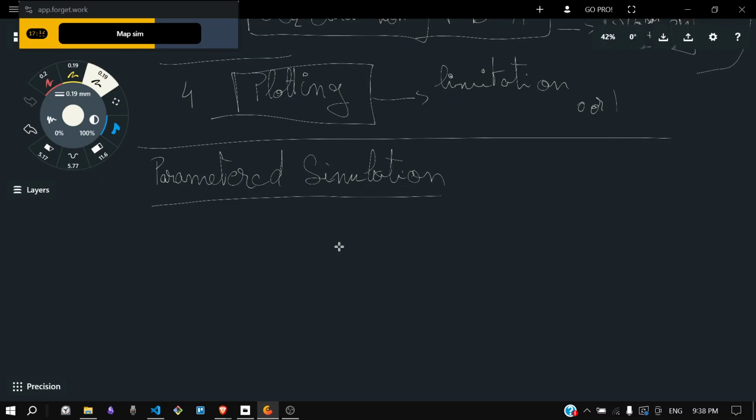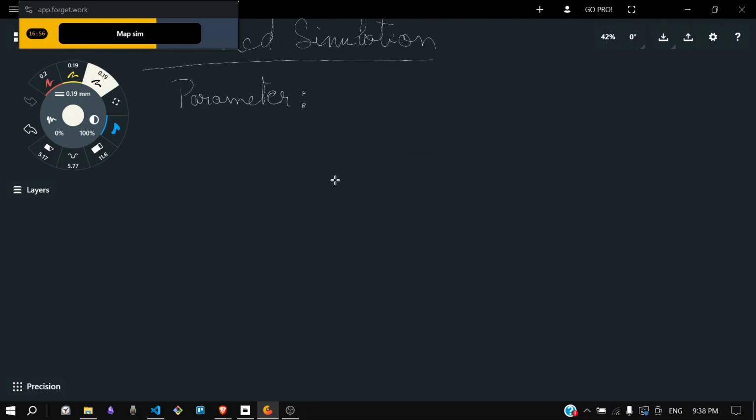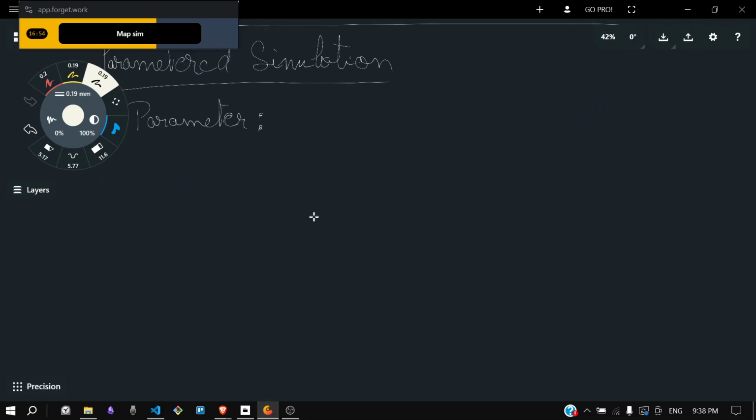When we look at the parametered simulation, we need to understand that we have parameters, and I'm going to have to map them out, but our purpose is, so this is probably very important, so I'm going to go in red. Just remember that it's important.